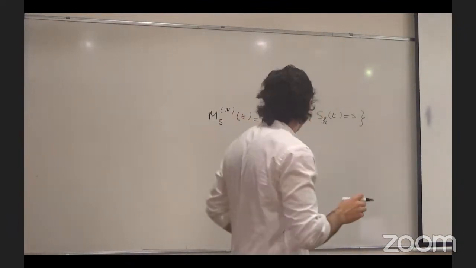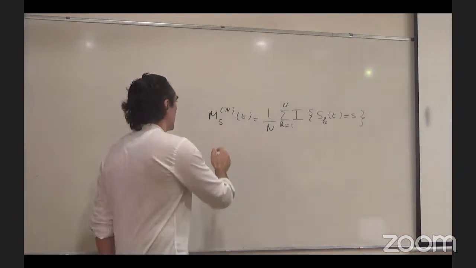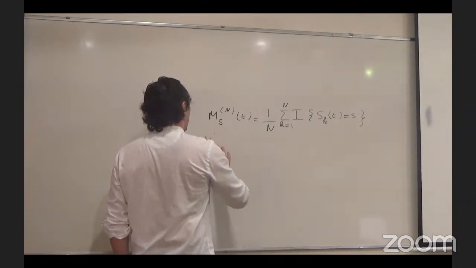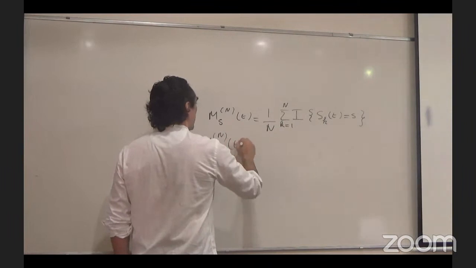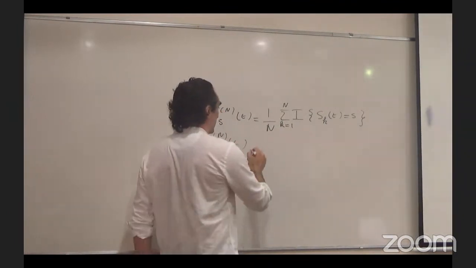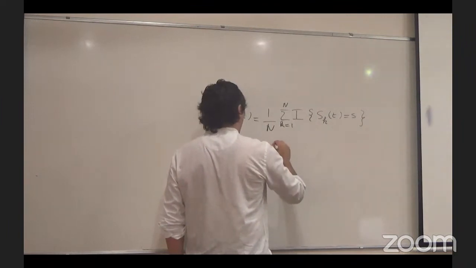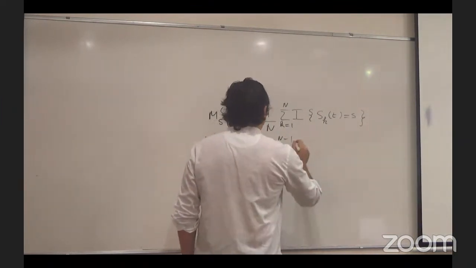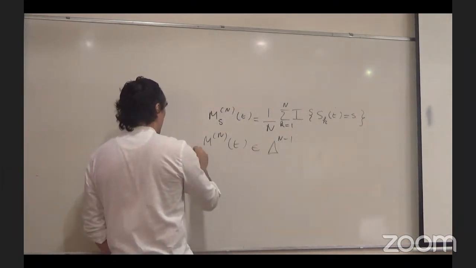What is really nice is that the vector m_N of t is always living in the simplex, for every N. What does it mean? The simplex of dimension S minus 1, where basically it is a probability distribution.